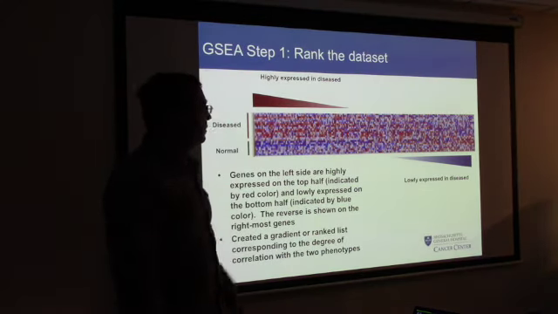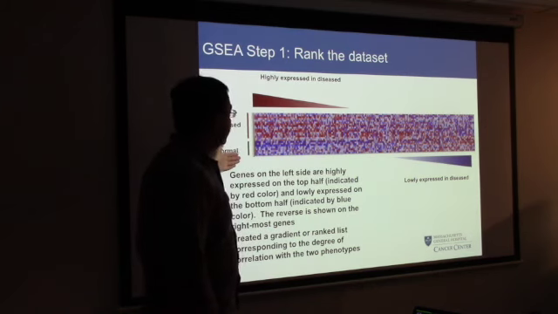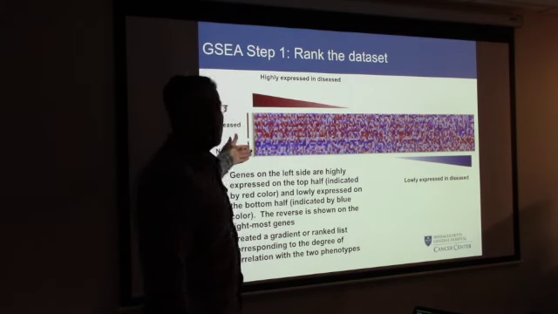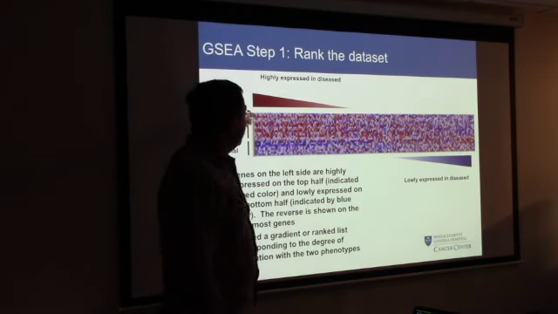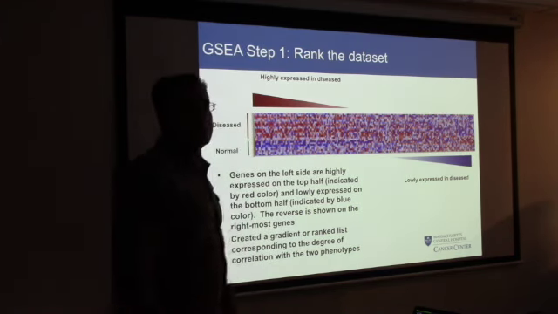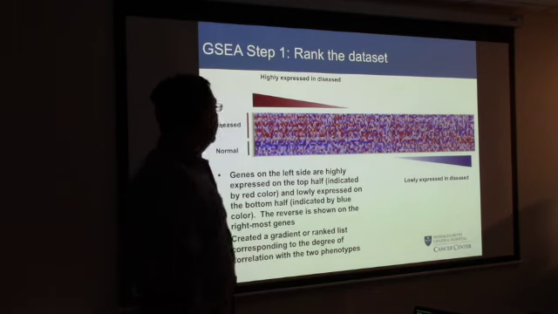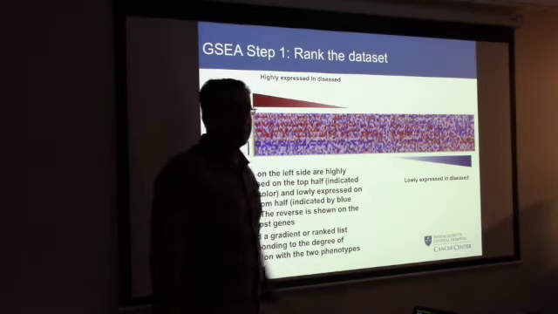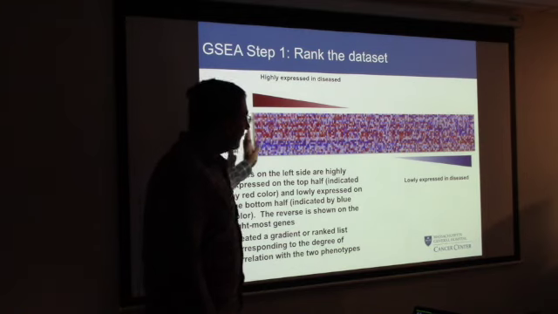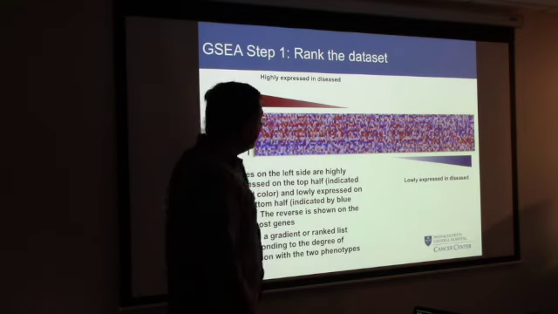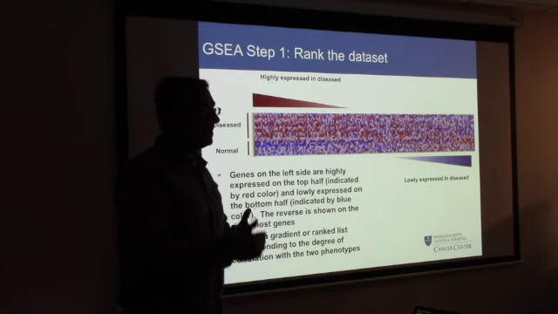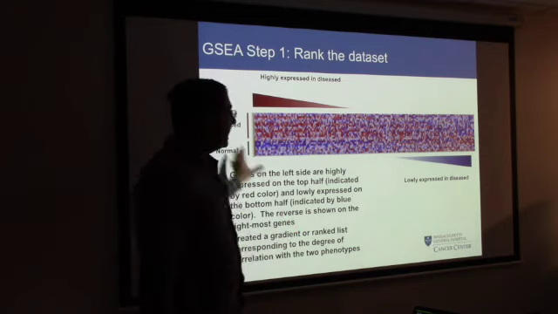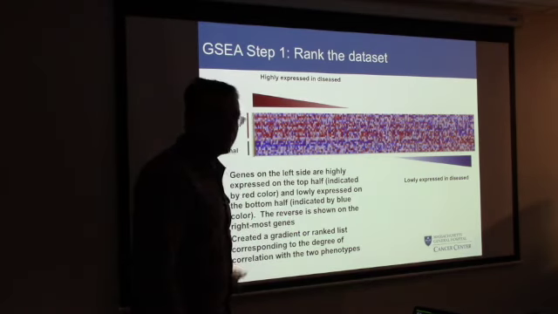Here's what's happening. You took your class A versus class B, or disease versus normal in this case, in this heat map, and now your rows are your samples, and the columns are your genes, right? And these are always ranked in the order of your differential expression comparison. They're always ordered. If you take an unordered list, you cannot do GSEA.